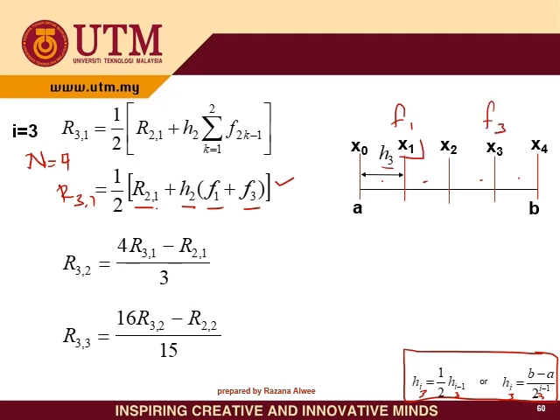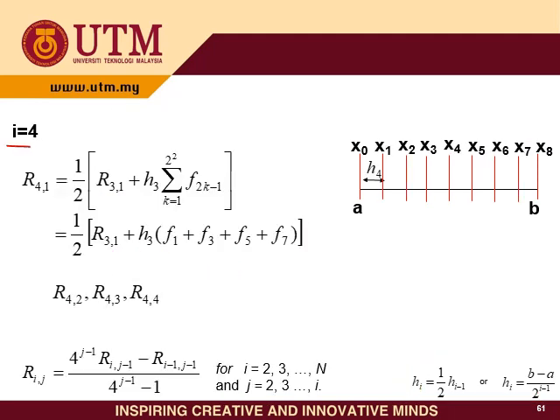So the value here insert into the equation for F1, the value here insert into the equation for F3. For R32 and R33, if you remember from the previous slide, I already drew this, the Richardson improvement. So they already give you the formula, just use it. Use the previous calculation you already did and put into the equation.